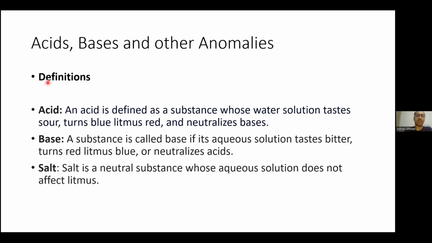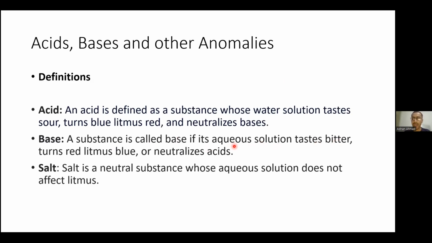If we define acids, we can safely say that an acid is defined as a substance whose water solution tastes sour, turns a blue litmus red, and neutralizes base. What is a base? A substance is called a base if its aqueous solution tastes bitter.